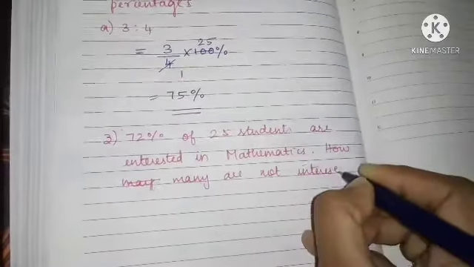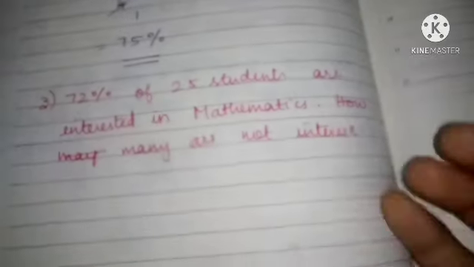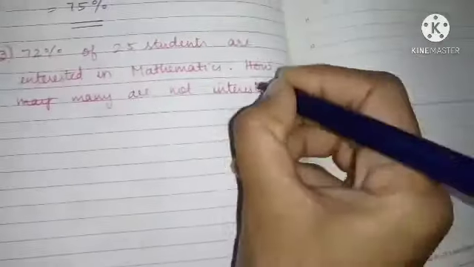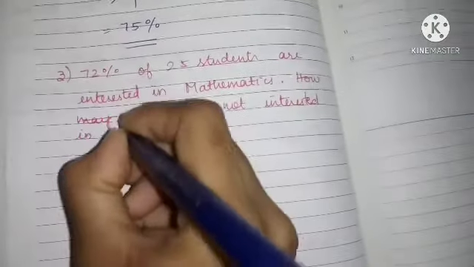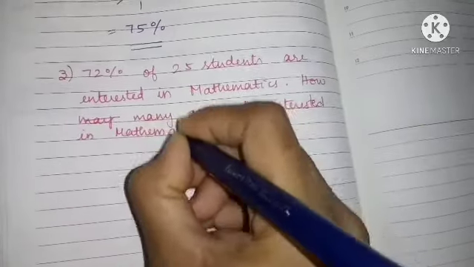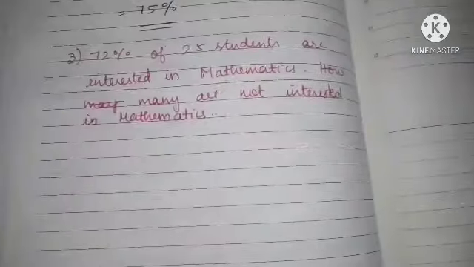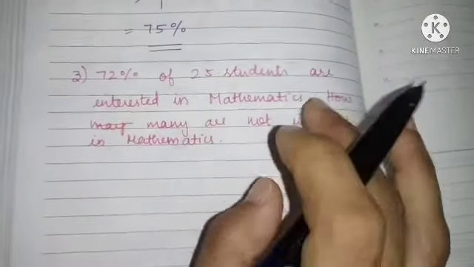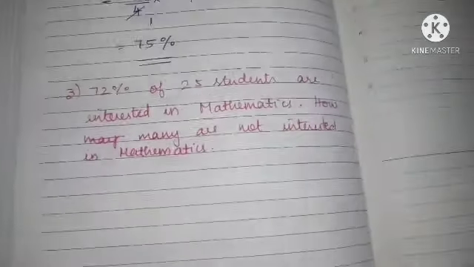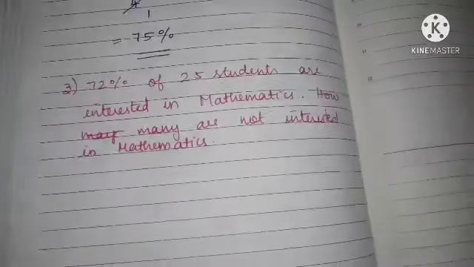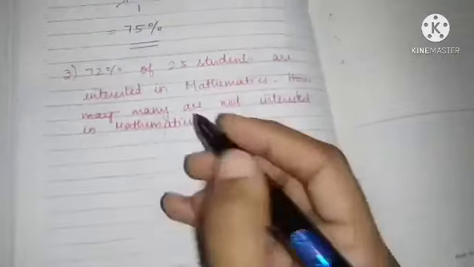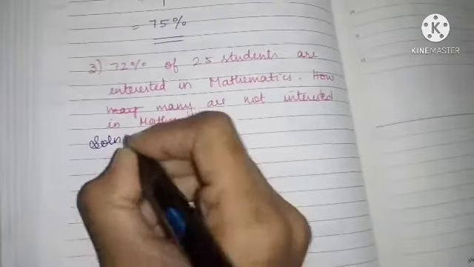How many are not interested in mathematics? Okay. So first they have given that 72% of 25 students are interested in mathematics. So I don't know how many students are interested. They have given the 72%. Here they have asked how many are not interested. First you should find how many students are interested in mathematics. Correct?